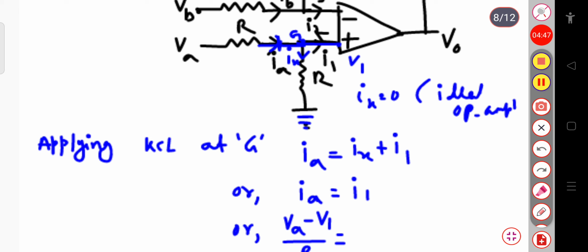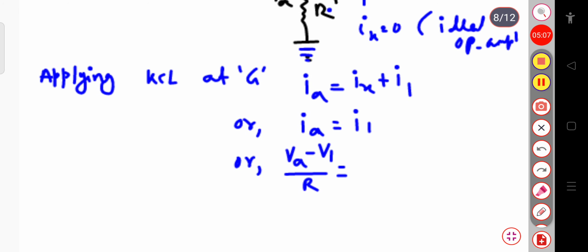At this point the voltage is V1, so the current I1 will be V1 minus 0 divided by R. So I1 equals V1 minus 0 divided by R.